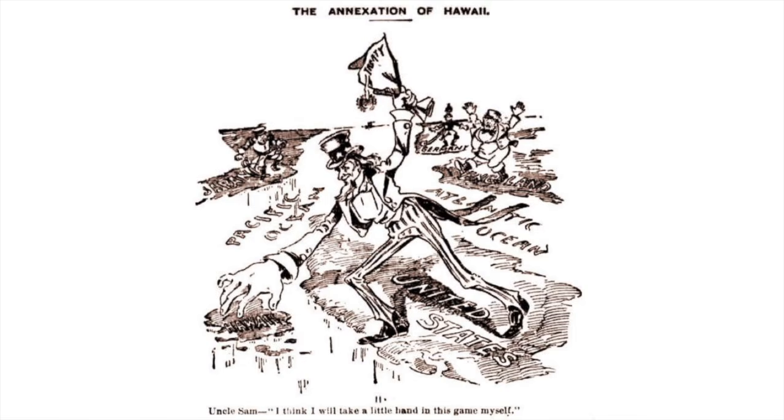And now it looks like Uncle Sam has entered the game of imperialism with the annexation of Hawaii. You can see him grasping the treaty in his hand while reaching from the United States into the Pacific to the island of Hawaii, while England, Germany, and Japan are in the background.